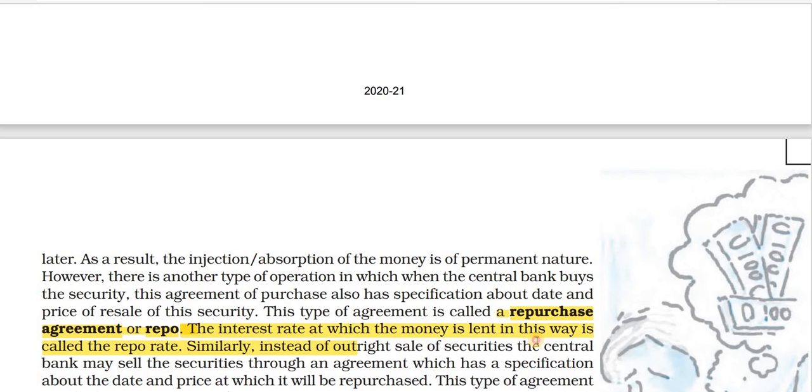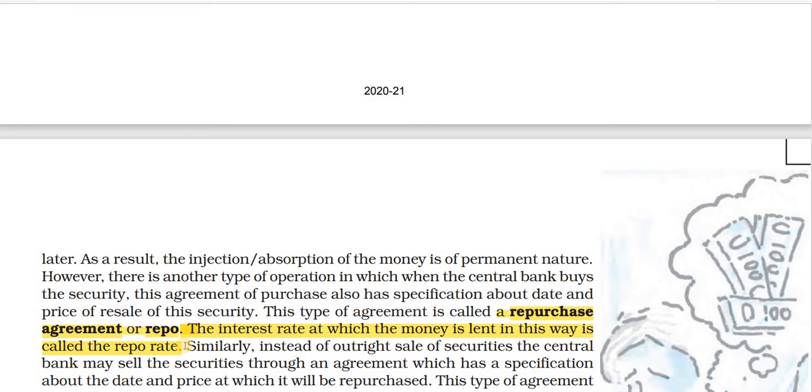Means the interest rate at which the money is lent, that one is called repo rate. We know RBI will give loans, and repo rate is the interest rate charged by RBI to the commercial banks borrowing from the RBI. That one is the repo rate.